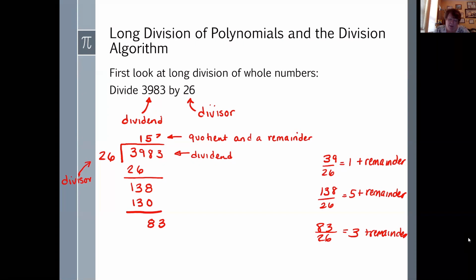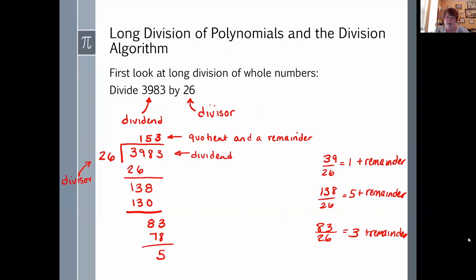So the last number in our quotient is 3. So we take the 3 times the 26, 3 times 26 is 78. Write that underneath our dividend and subtract. And since we've now used all the numbers in our dividend, we are done. Our division is complete. So our quotient in this division is 153.